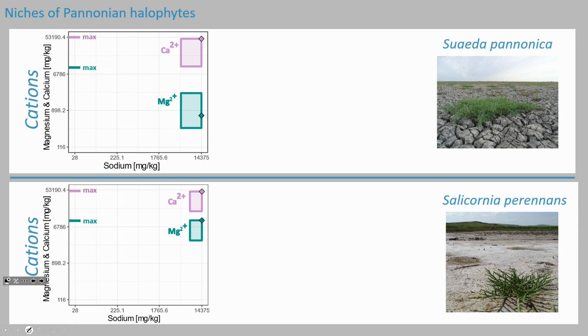And if we look at the cations here, the niches look exactly the same. Both species prefer to grow in calcium-rich, magnesium-rich, and sodium-rich soils.